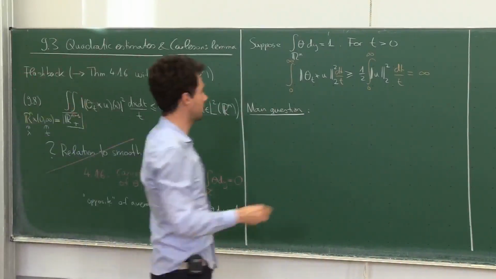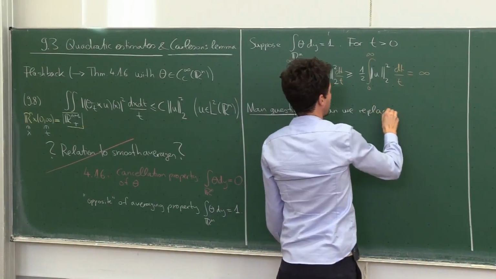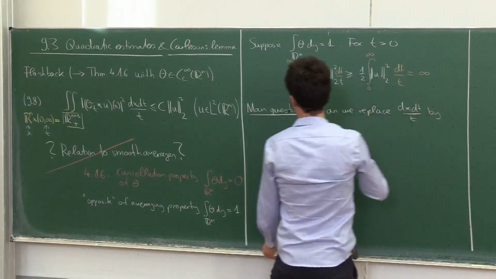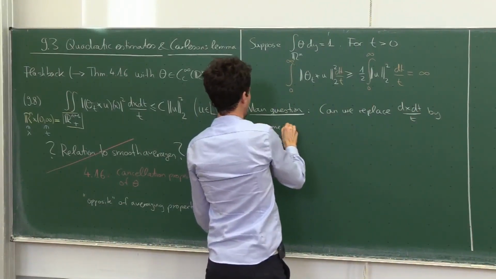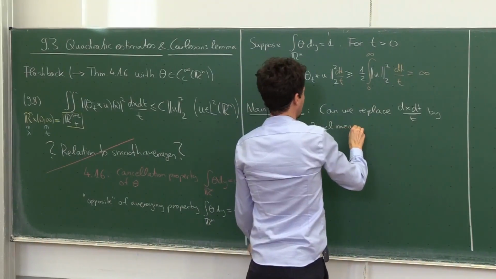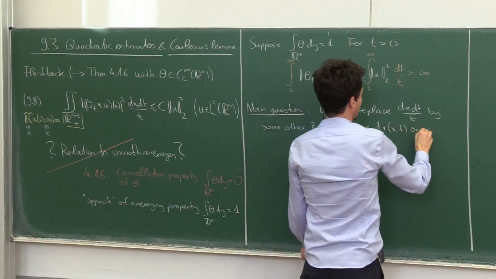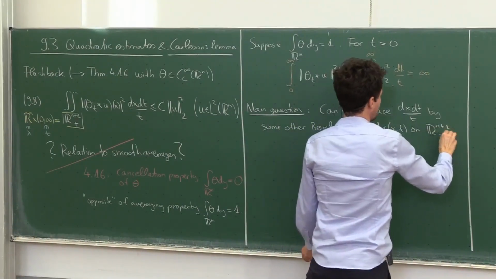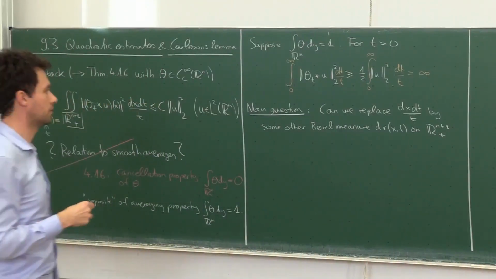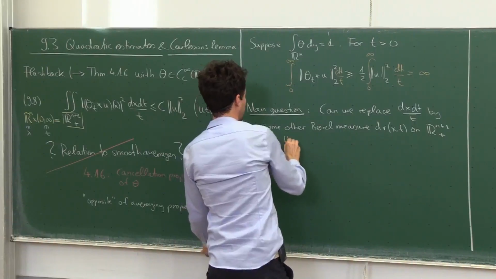So my question is, can we replace the measure dx dt over t by some other Borel measure d nu of x,t on the upper half space, such that the corresponding estimate 9.8 does hold true for averaging operators?